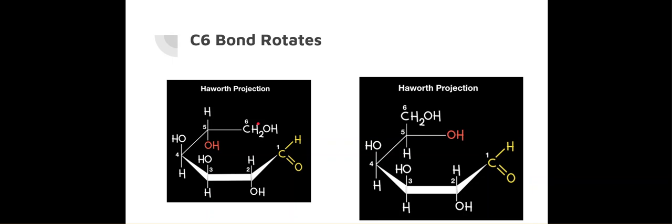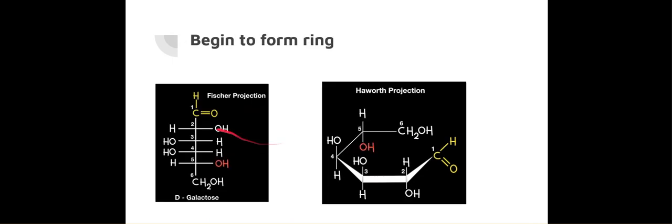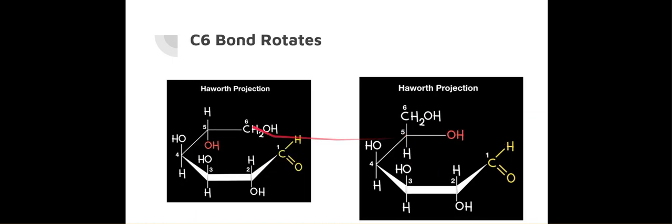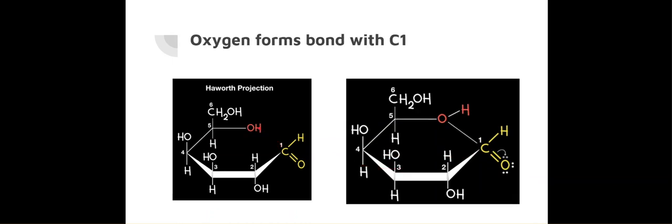So let's go through that again. So you've got the straight chain. It starts to bend on itself like this. Then this 5th carbon bond rotates so that the OH group is now closer to this aldehyde group. This then forms a bond with the carbon, popping that double bond with the oxygen over here.